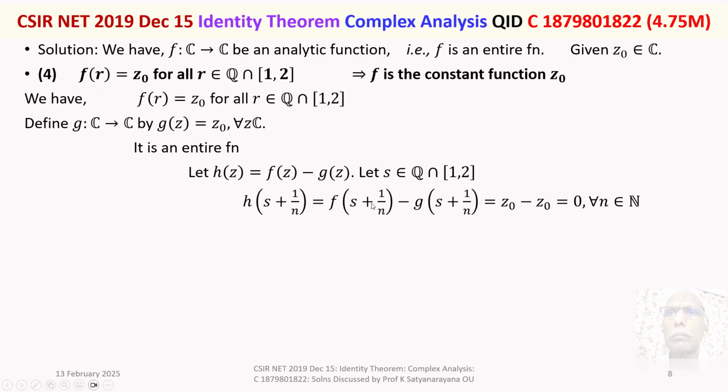Now f of s plus 1 by n is z naught, and g of s plus 1 by n is z naught, being a constant function. So the difference is 0 for all n belonging to N. So that means we have found that s plus 1 by n is a zero of h of z.